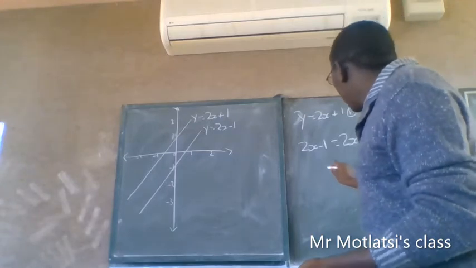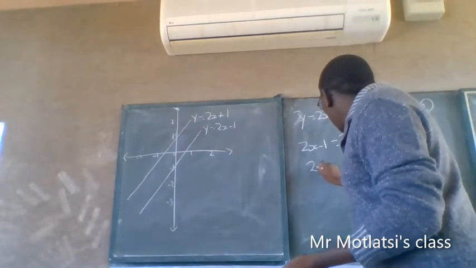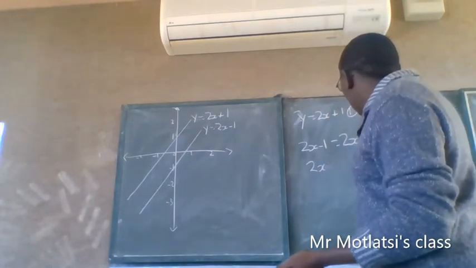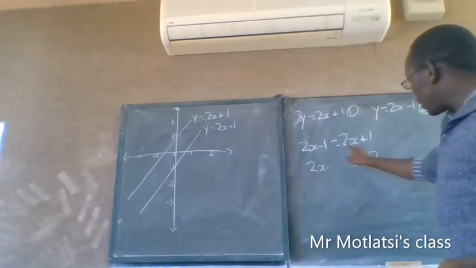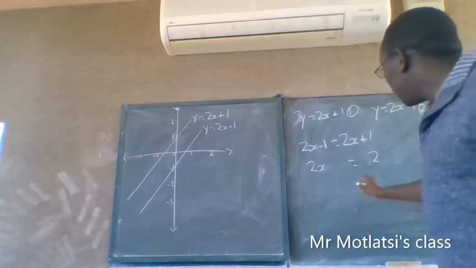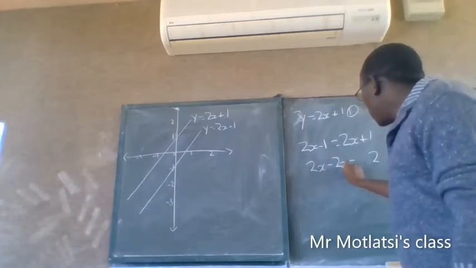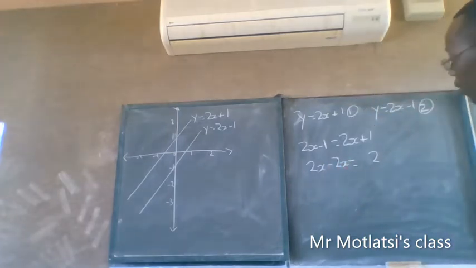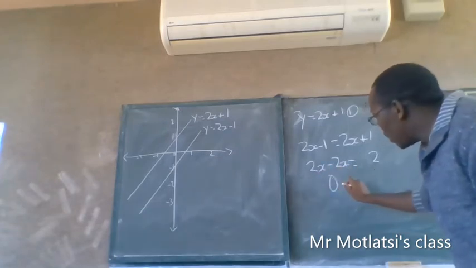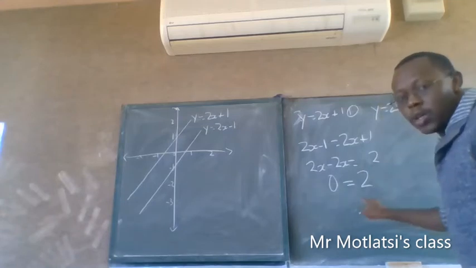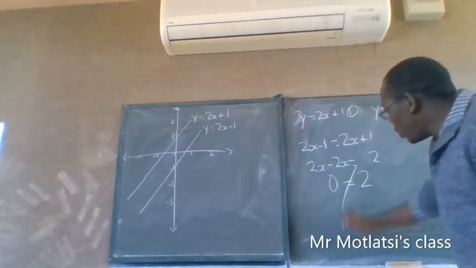So what you have here is 2x equals 2. Then when you take this 2x to the other side, it's going to be negative, minus 2x. Look at what we have here. 2x minus 2x is going to be 0. And then this is saying 0 is equivalent to 2, which is not the case.